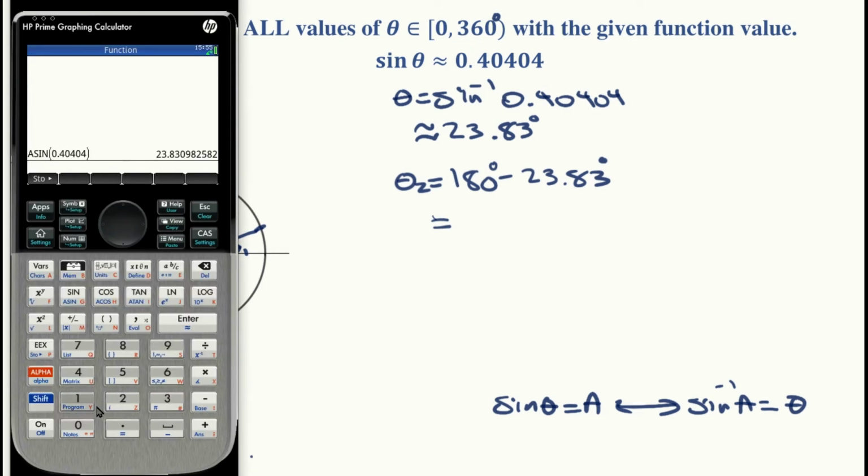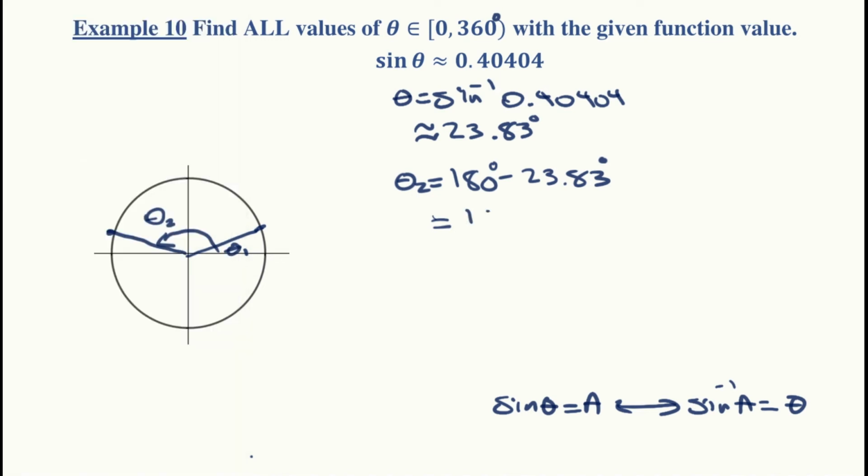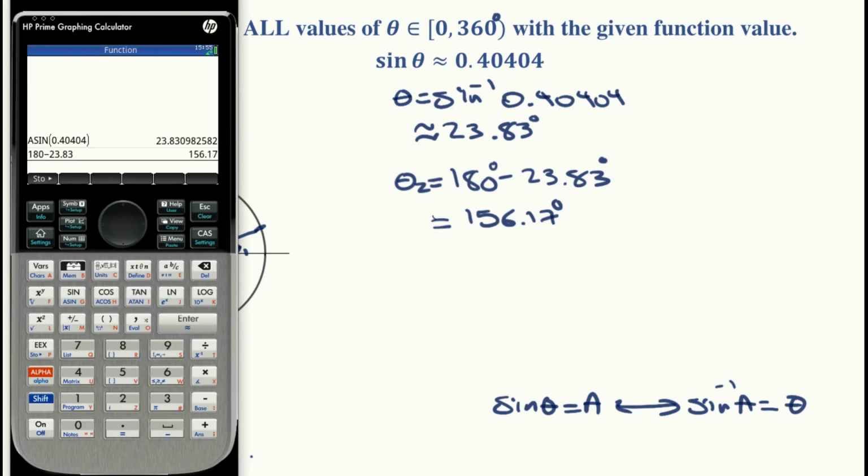So if I just do 180 minus 23.83, I get 156.17 degrees. So this is the other angle whose sine should be approximately this. Let's test it. So let's go ahead and test our first result itself.